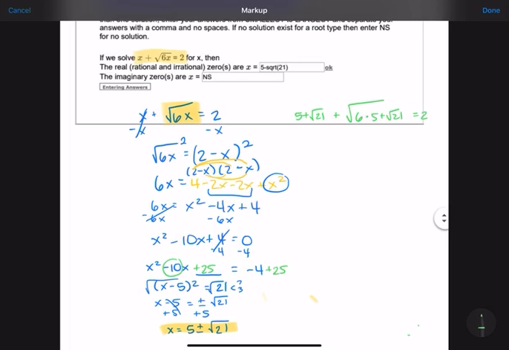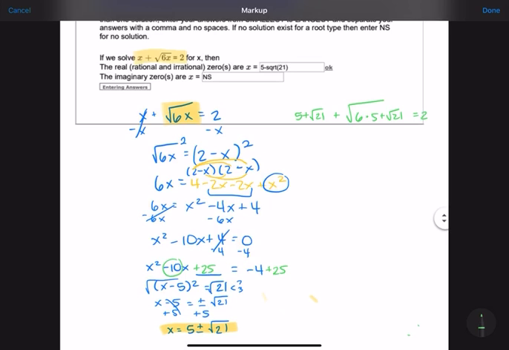And so when I solve this, I need to see if this radical expression will work here. So 5 plus the square root of 21, I'm going to have to make an approximation of that because it's not a perfect square.